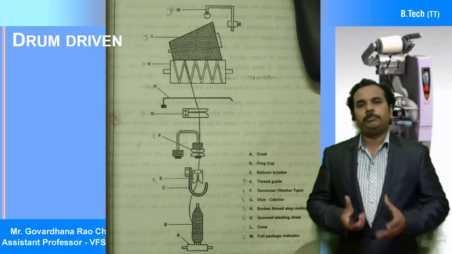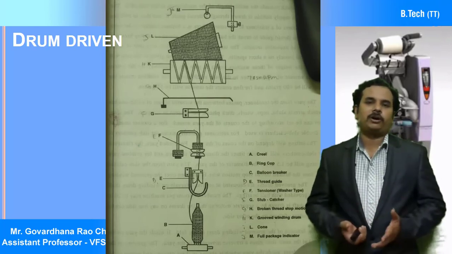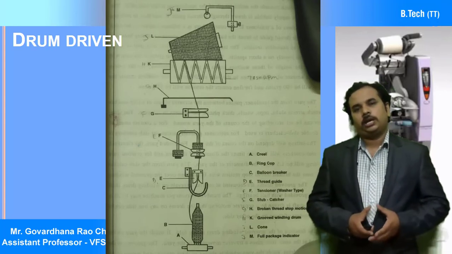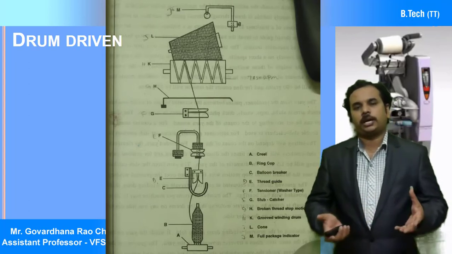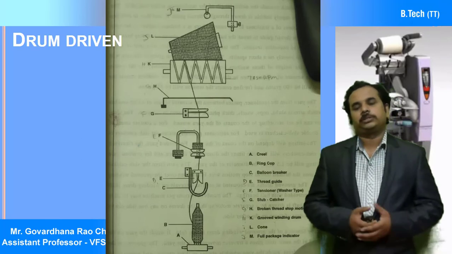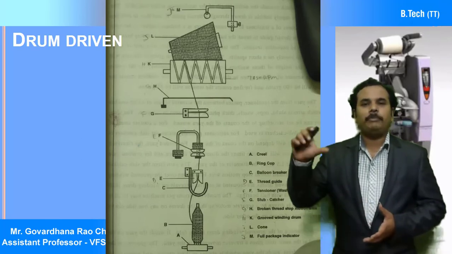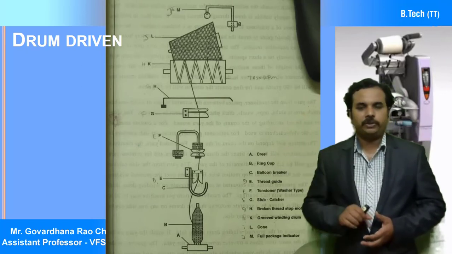Now a simple calculation related to how many ring cobs are required to make a cone. For example, a ring cob has 100 grams, and we need to make a bigger package, that is a cone, of 1.5 kg weight.